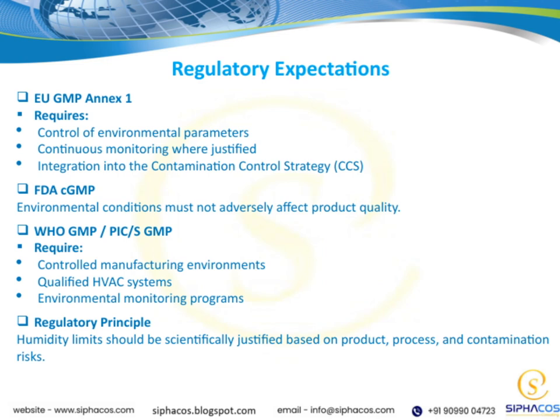Meanwhile, WHO and PIC/S GMP standards require controlled manufacturing environments, qualified HVAC systems, and solid environmental monitoring programs. Across the board, humidity limits should be backed by science, considering the product, the process, and contamination risks.